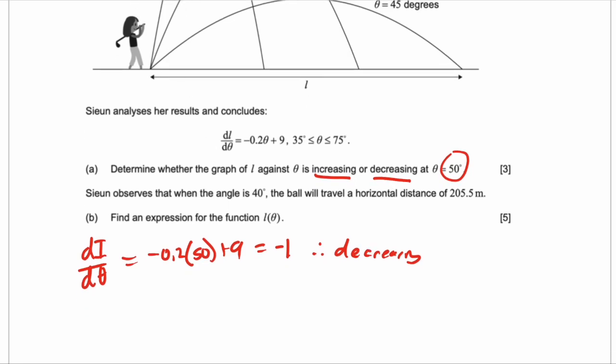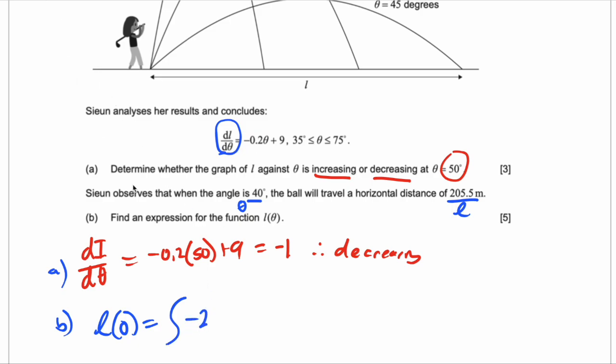Okay, next, Sion observes that the angle 40 gives us a horizontal distance of 205.5. Find the expression for the function. So this is a very common kind of question. This is the derivative. If we want to find the function L, then we integrate the derivative, because the opposite of a derivative is an integral.